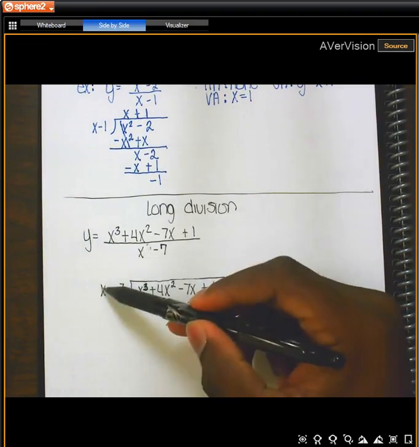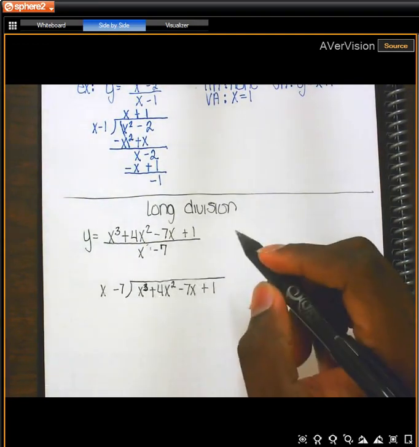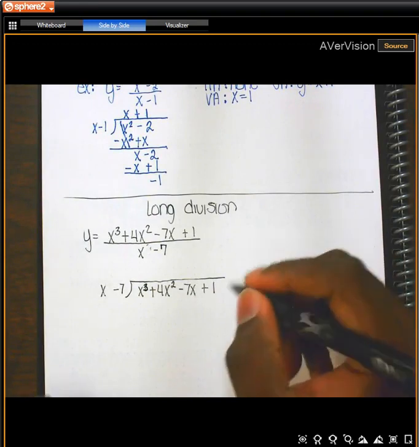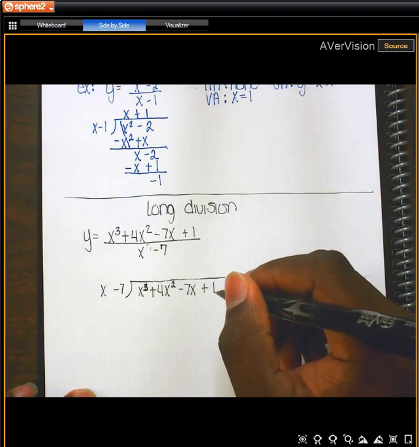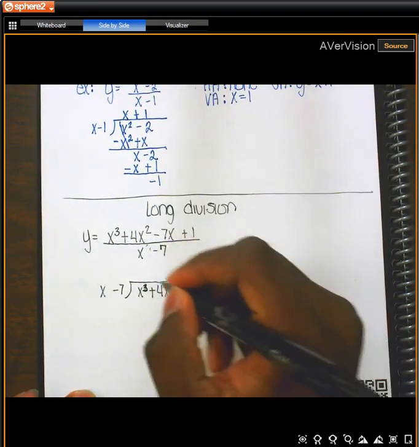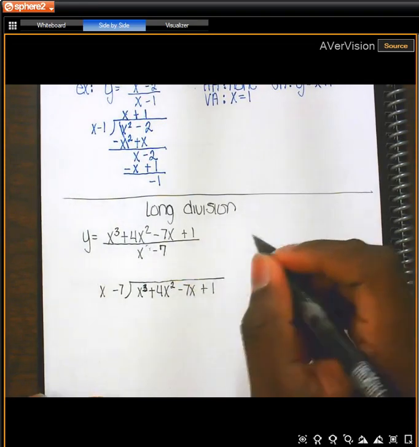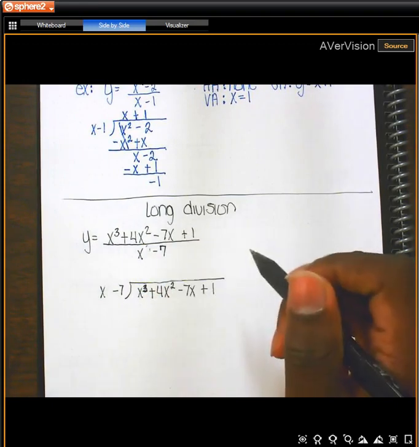So we have 1x and we need 3. Is it 3x? So 3x times x is 3x squared.